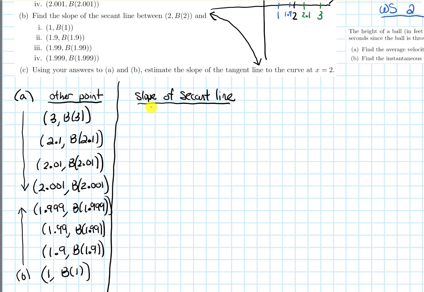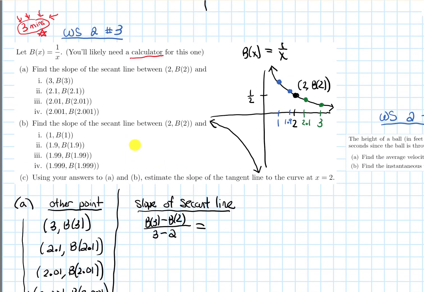So using the slope formula, I'll get b(3) minus b(2) over the change in x, which is 3 minus 2. If I plug 3 into this function, into 1 over x, I get a third. If I plug 2 in, I get a half, and then over 1. And simplifying this, I will get negative 1/6 if I get a common denominator.